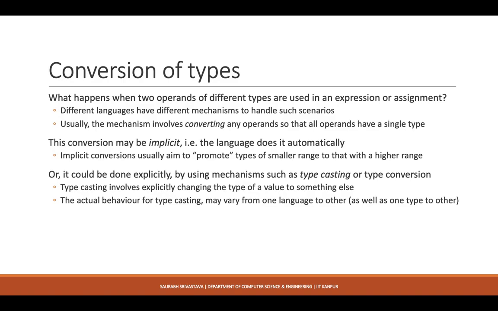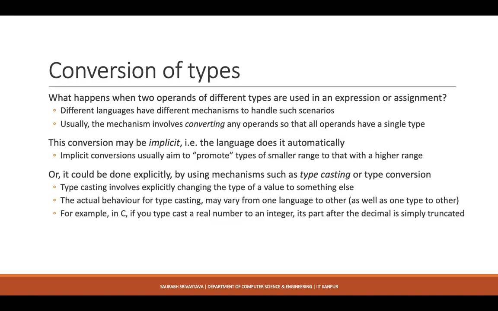For example, if you are trying to typecast a real number, a floating or a double type number, into an integer, it simply cuts off the decimal part. Many people feel that if I convert a double or a float to an integer, it will be rounded off, but no, that doesn't happen. The behavior when you typecast a double or a float to integer is that the decimal part is simply truncated, so you only get the integer part.